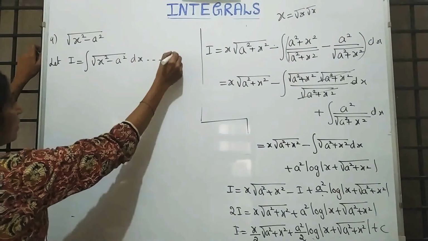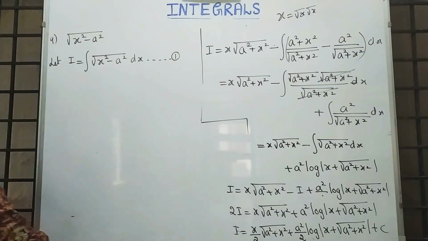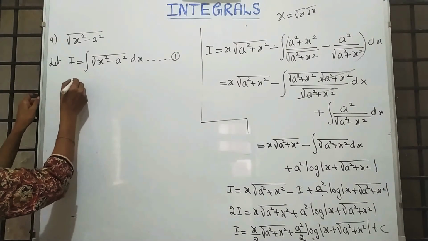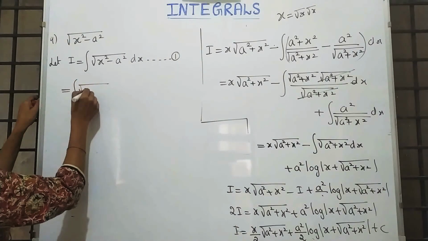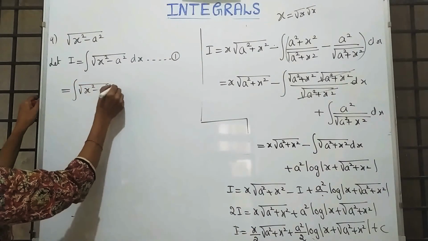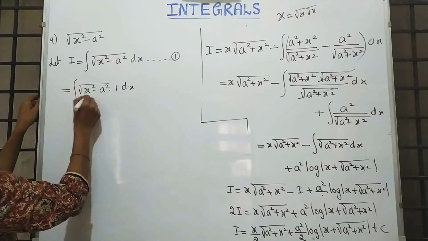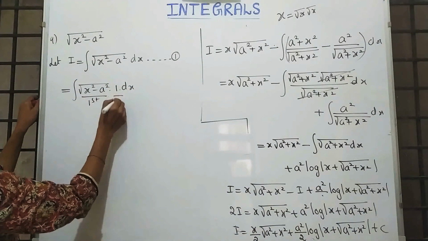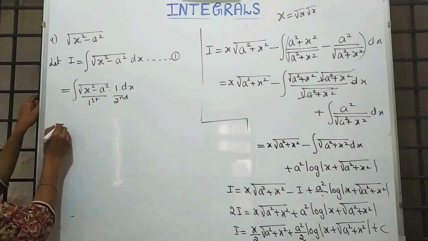Let us call this equation 1. As you know that we are not familiar with this integration, we are writing it as root of x square minus a square into 1 into dx. This is the first function and this is the second function.